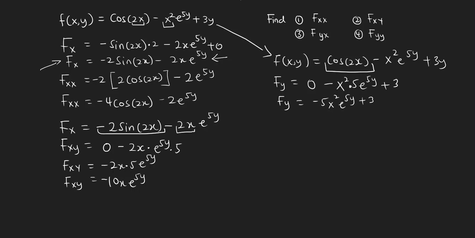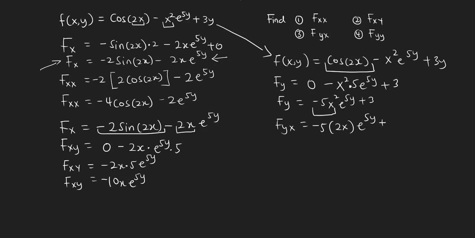Now let's differentiate what we have here with respect to x, that is fyx. This will be equal to, we only have this term here having x in it, so let's differentiate that. We're going to have minus 5 multiplying 2x times e to the power 5y, which is just a constant in this case.